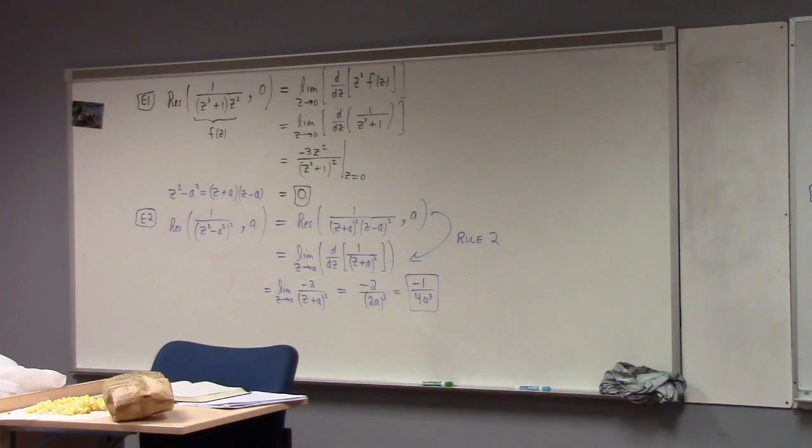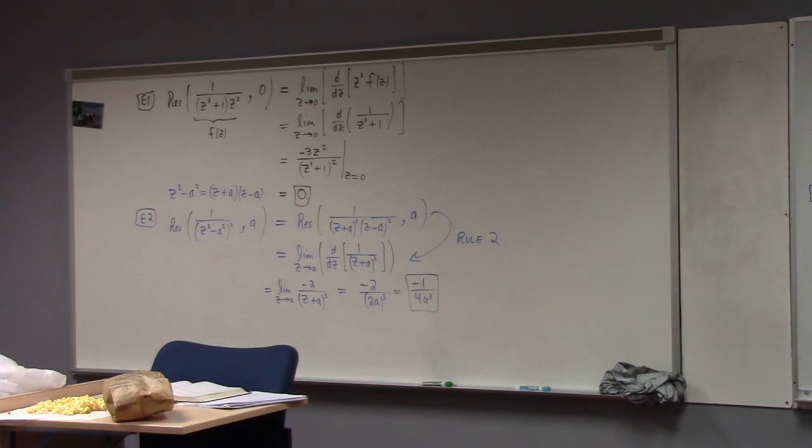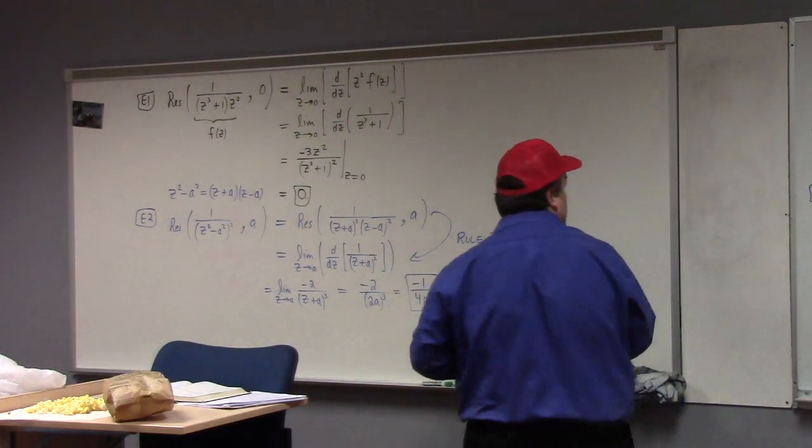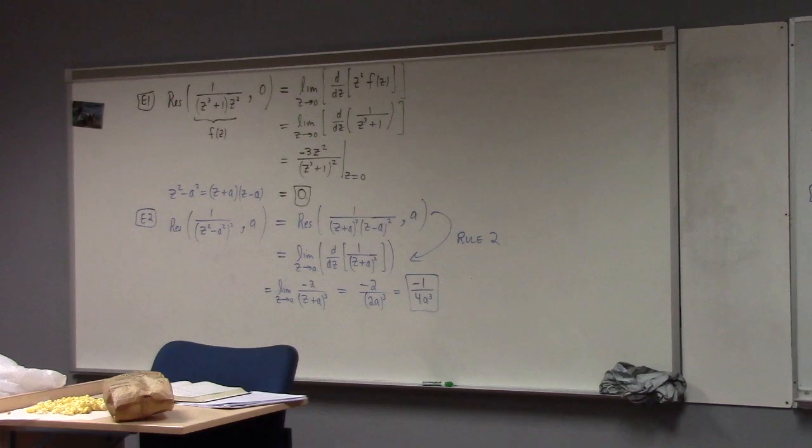This is really like cosine of z divided by e to the z, and that's all divided by z minus 3. So as I think about applying rule 3 to this function, I think of this as my f of z. I think of this as my g of z.